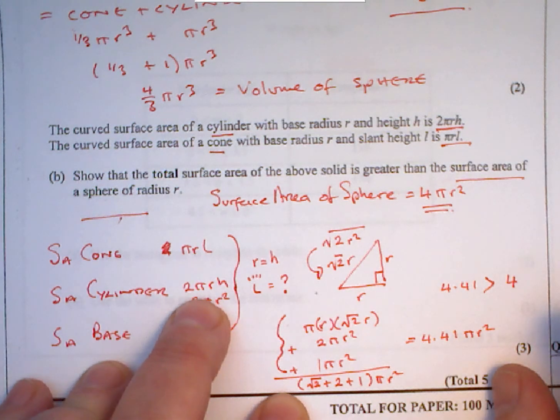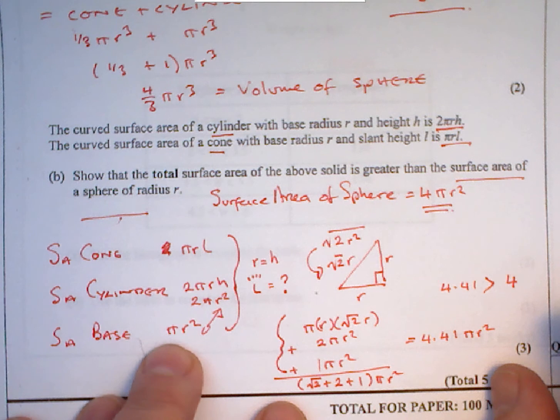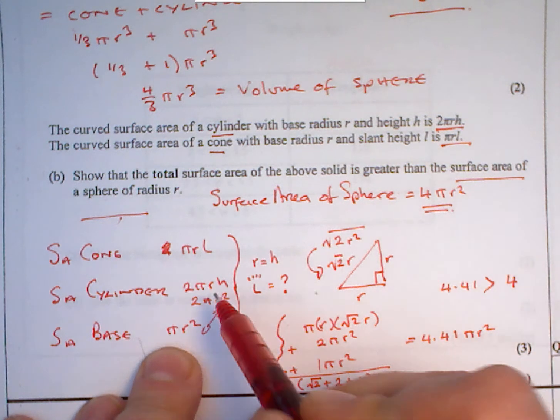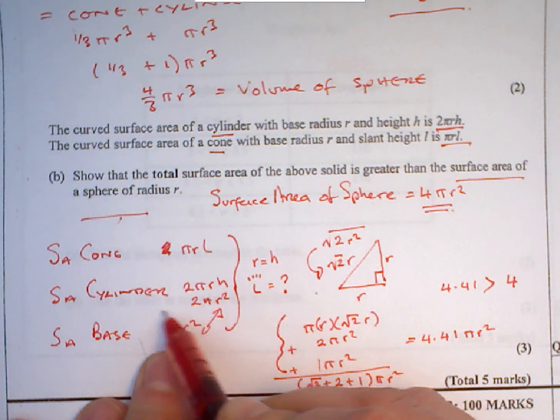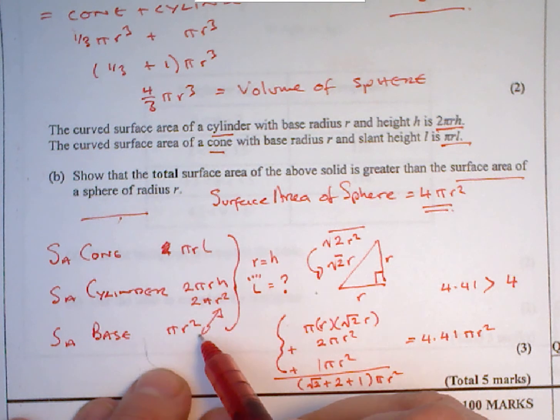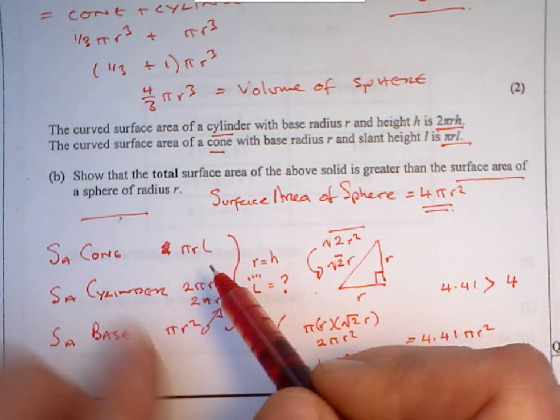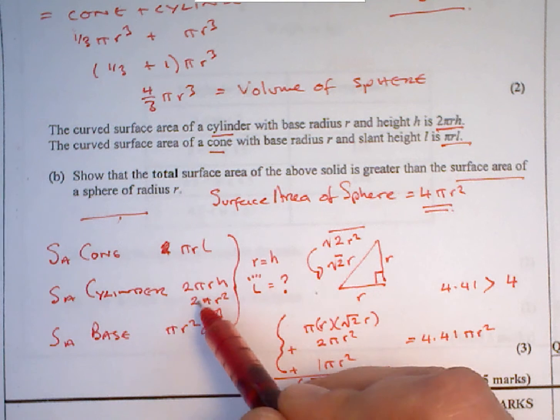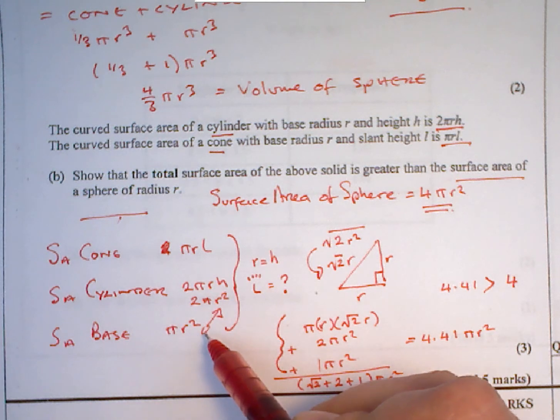I get my cylinder, which is 2 pi r h, given to us, and the base, which is pi r squared. Now, as h is r, this cylinder just becomes 2 pi r squared, and the base is pi r squared. So the cylinder and the base, surface area-wise, give you 3 pi r squared.